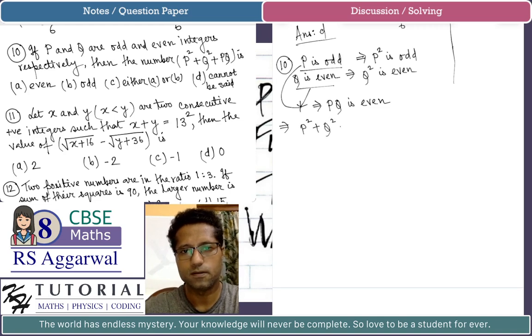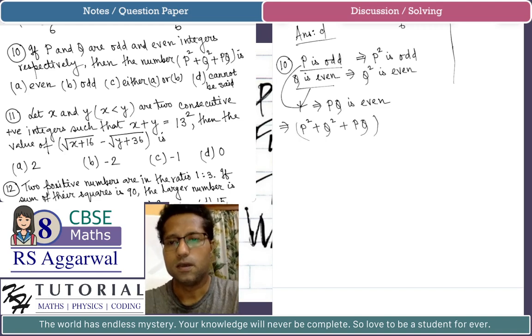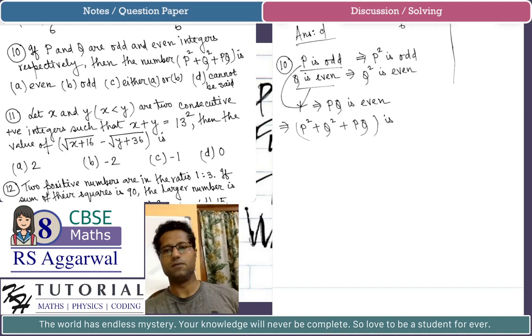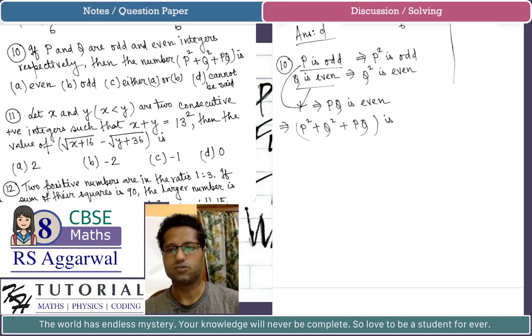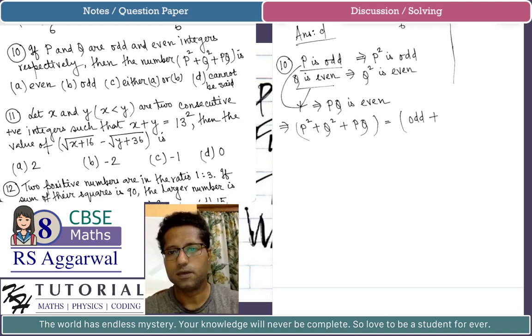So p square plus q square plus pq, will it be even or odd? P square is odd, q square is even, and pq is even.